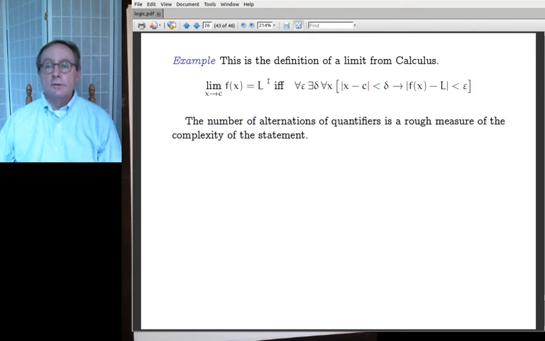I'm not really so interested in the exact content of the sentence as that you recognize this as a complicated sentence, a sentence that it takes a smart person in calculus class a good long time to try to get straight. The number of alternations of quantifier is some rough measure of the complexity of a statement. So one thing quantifiers do for us is they help us to understand whether the statements are easy or hard.